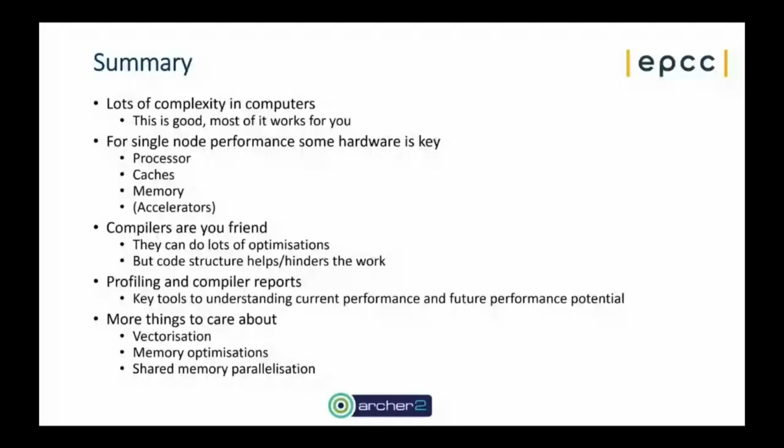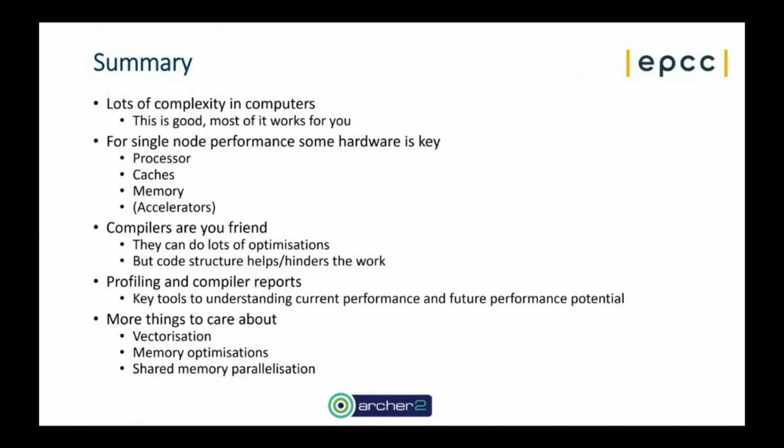Just so we wrap up this bit here, and then you can go off and do the practical stuff to your heart's content. I'll be around, but you can go and do it in your own time and pace. Just to summarize from today, there was a lot of material, but there's lots of complexity in the computers we use. This is good though, because most of this works for us and most of it works for optimizing our applications.